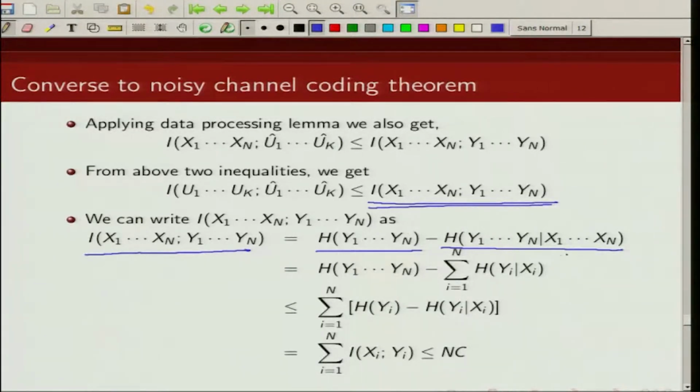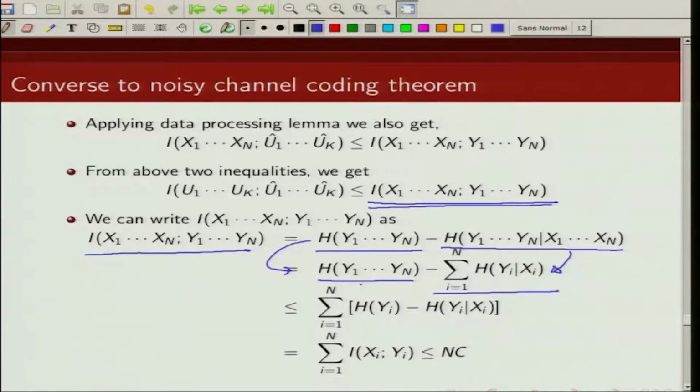Now, since this is a discrete memoryless channel without feedback, this term can be written as summation of uncertainty in yi given xi. So, I can write this term as joint entropy minus the summation from i goes from 1 to n of h of yi given xi.